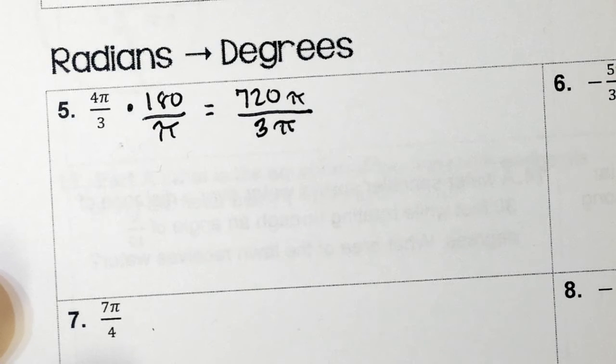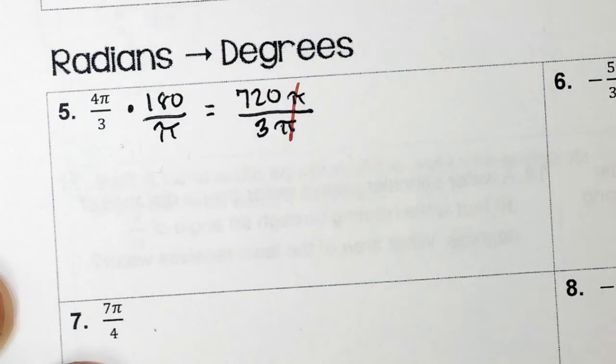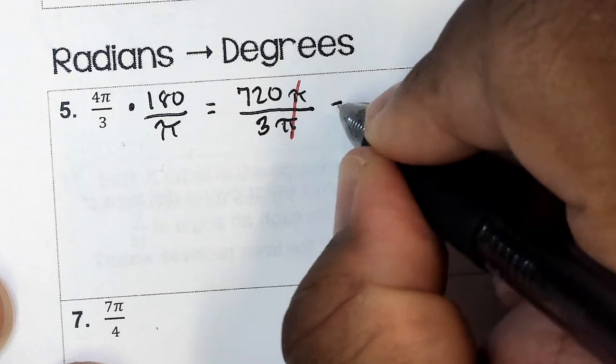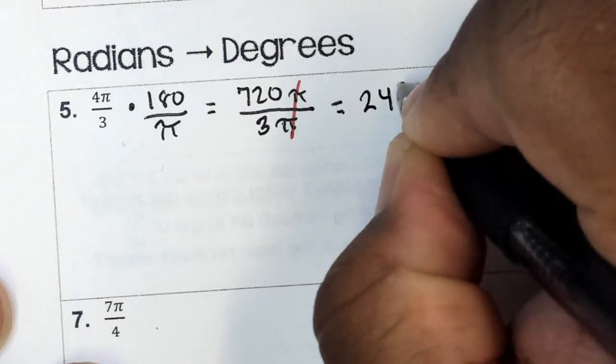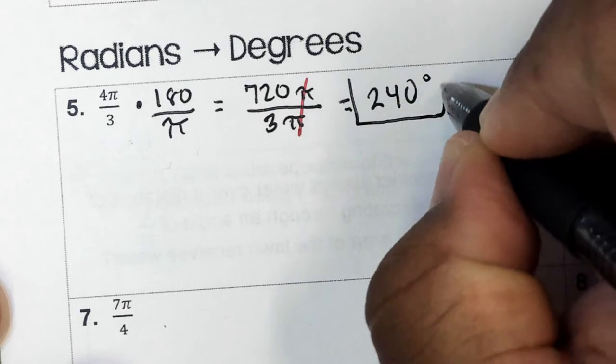What's the first and most obvious thing that's going to happen right here? The pi's are going to cancel themselves out. Yes, they are. After that, you just need to do 720 divided by 3, which is 240. So going from that to that, my degrees will be 240.